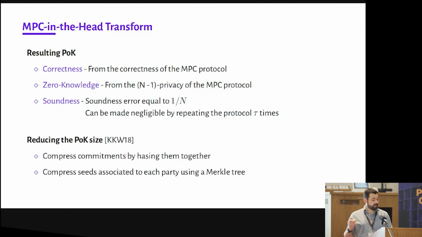As was explained extensively yesterday, if you do this, you obtain a proof of knowledge whose size is quite big. So on top of this, you want to apply several optimizations, such as compressing all the commitments together by hashing them and using a Merkle tree for the seeds. If you do this, you are able to significantly reduce the proof size, hence also the resulting signature size.